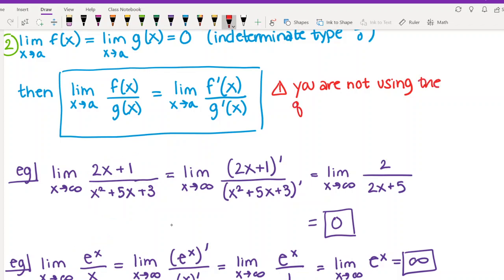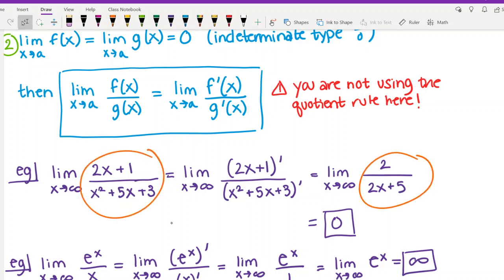It's because, like I said, instead of comparing the original numerator and denominator, you're comparing their rates of change, so you're thinking of them as separate functions. It's not true that this function and that function are the same, or that this is the derivative of the original function. But that's okay, because this is a special rule for limits that says that only in these special circumstances, you can take the derivatives of the numerator and denominator separately.